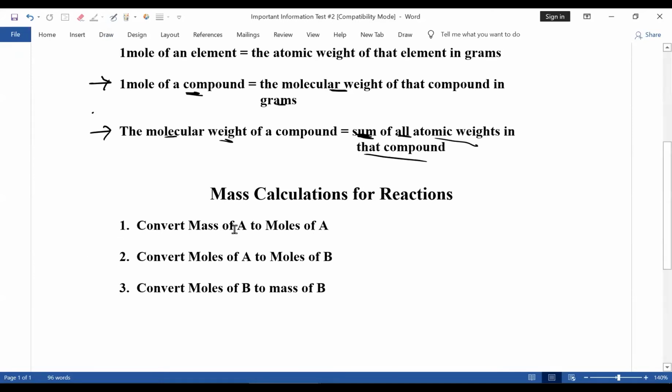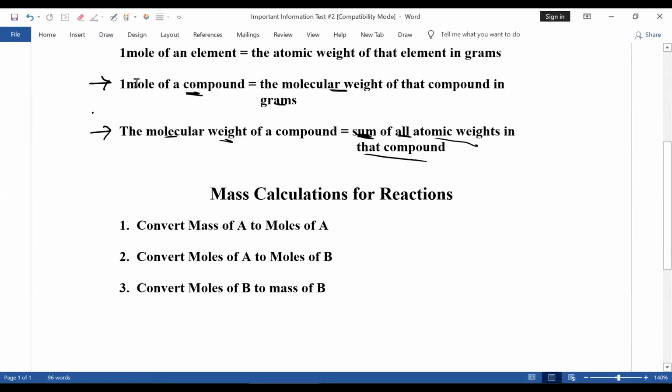Whatever you're given the mass of, A, in this case ammonia, you have to convert to moles of ammonia, A. Once you have moles of A, you convert to moles of what you're trying to get to, B. But you're being asked to find grams of B, so now you have to convert moles of B to grams or mass of B.